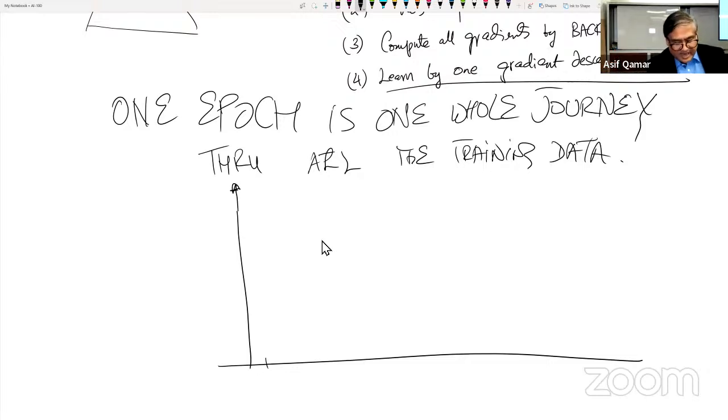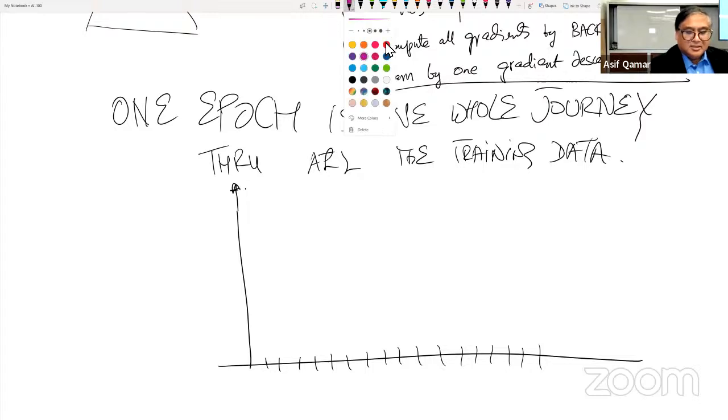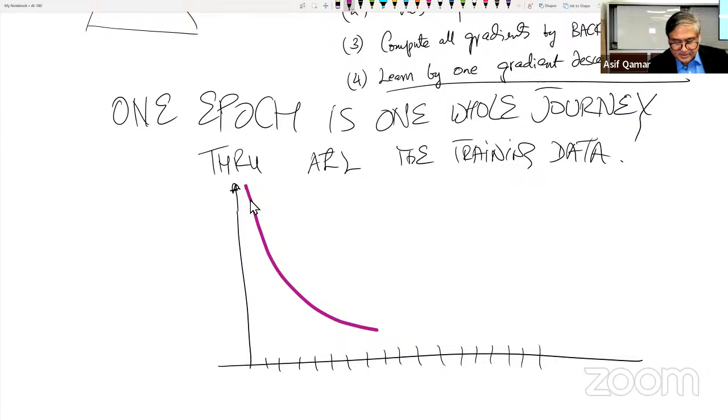So as you go through each step of learning, what should you like to see? That the loss is flattening out, saturating till you can't learn from it.